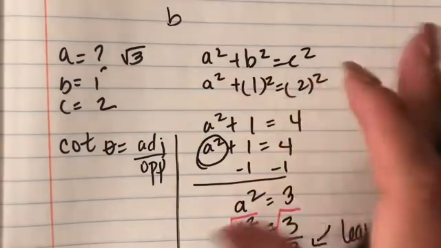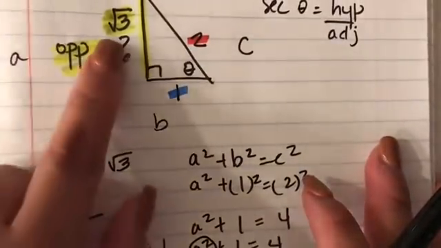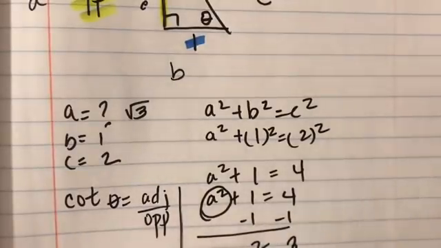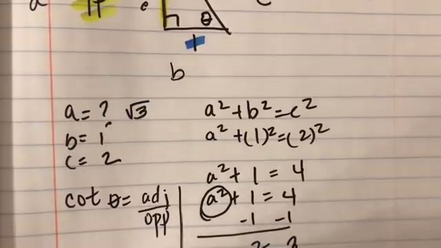So again, my adjacent is square root of 3. Oh no, that's my opposite. So my adjacent is 1. So I'm going to have 1 over square root of 3.